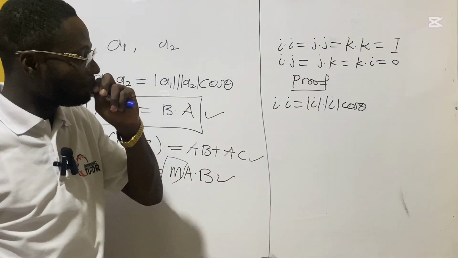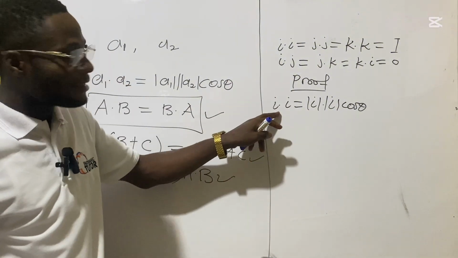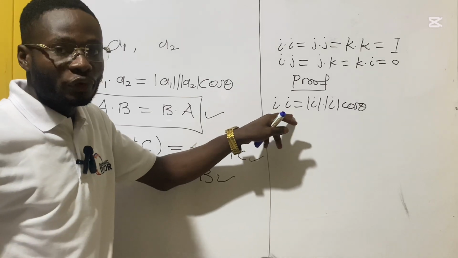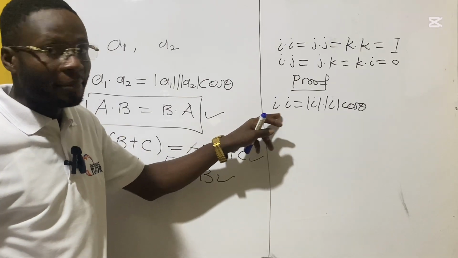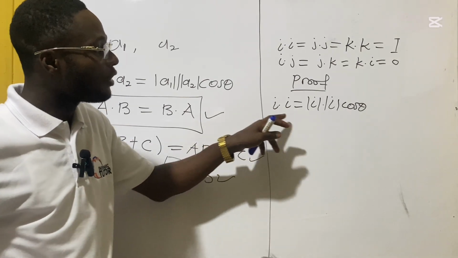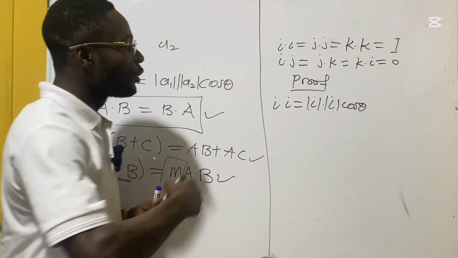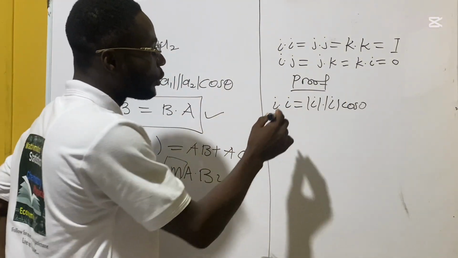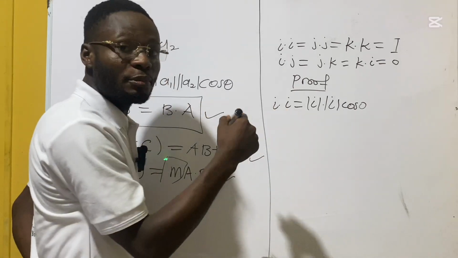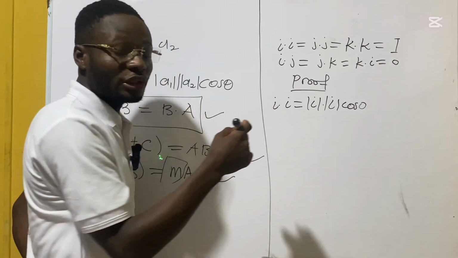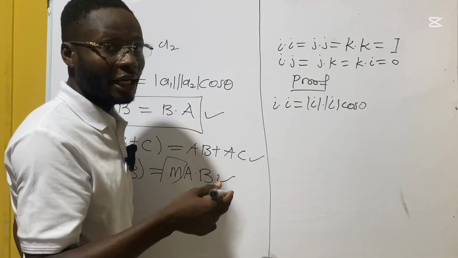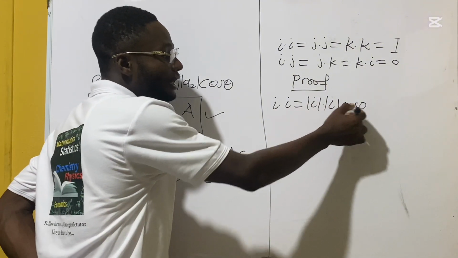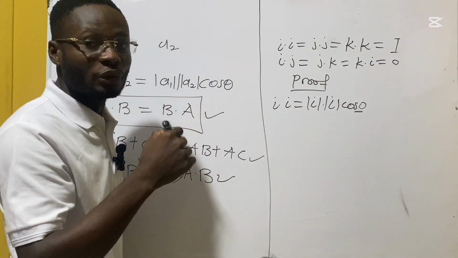Since they have same position vectors, then we're going to have cos 0. So once you have same position vectors and you are taking their dot product, then the angle between them should be equal to 0.